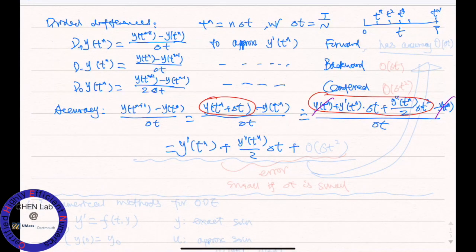Plus what we didn't write down, the Taylor expansion's next term is order delta t cubed. Divided by delta t, you get order delta t squared. So by doing this little analysis, the whole thing shows that the forward D plus has accuracy order delta t.